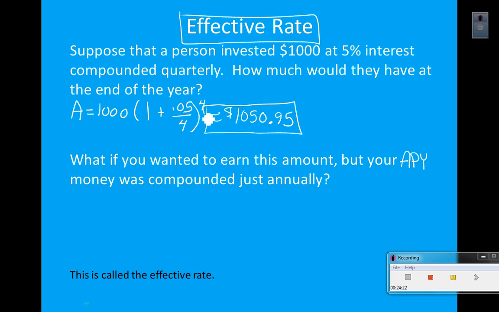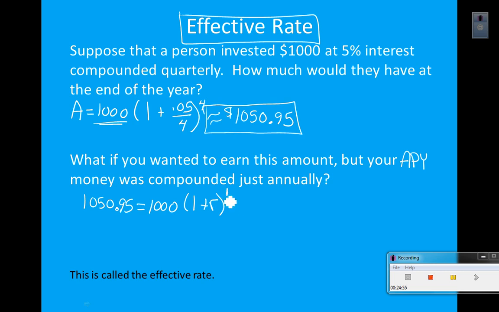What would my interest have to be on the $1,000 investment? So I'm going to kind of go backwards. I would like to have $1,050.95. I would like to initially invest 1,000, and I got 1 plus r over 1, because we're just compounding it 1 time, so I'm just going to have 1 plus r to the first.